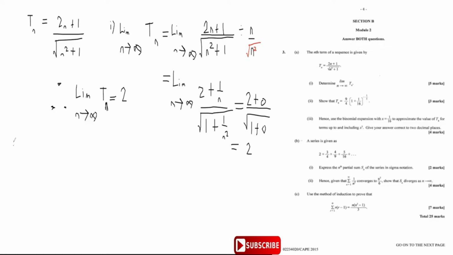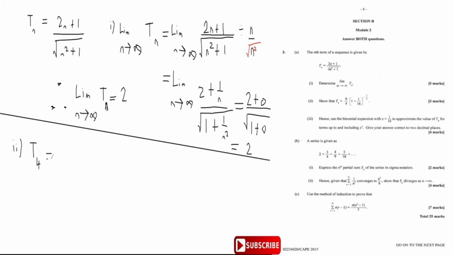Let's look at part 2. Part 2 says, show that T4 is equal to that thing right there. So we need to show that T4 is that. Now, let me separate the space. I don't want to squinch them up. So down here is just going to be for working out T4.